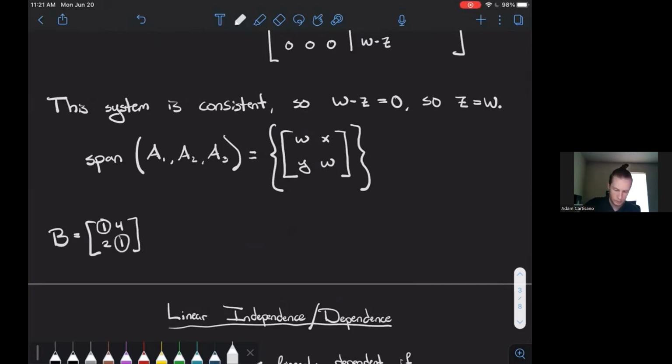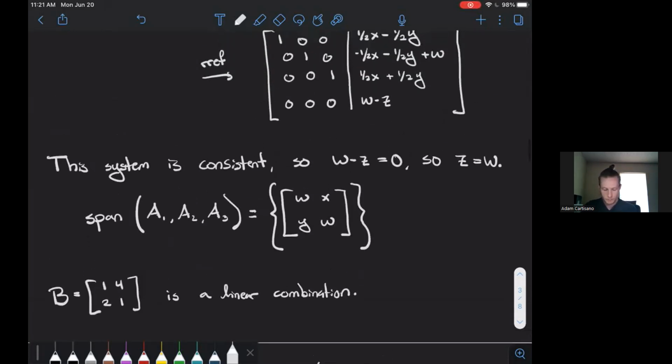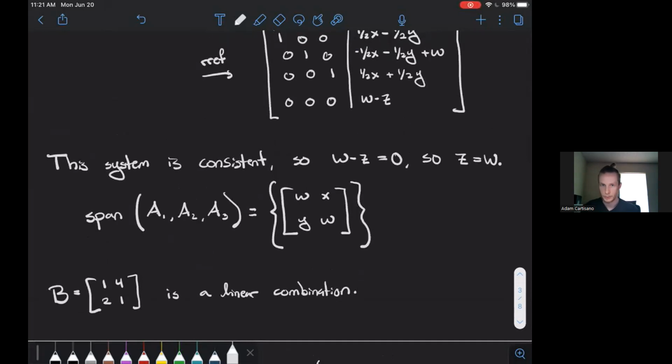Sure enough, yes, they do. So we automatically know that this is a linear combination of A1, A2, and A3.